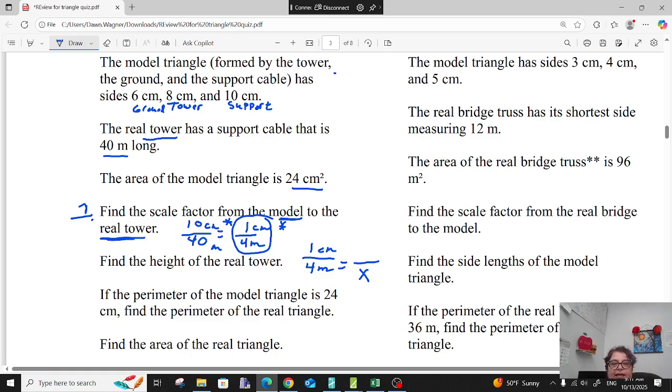That would be 8. You would cross multiply, and you would get 32 meters. Because you would do 1 times X is X, 8 times 4 is 32, and so it'd be 32 meters.